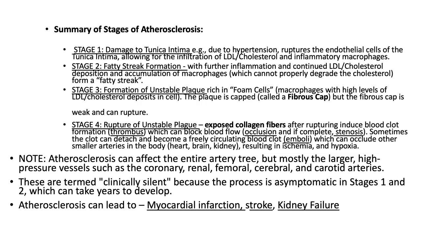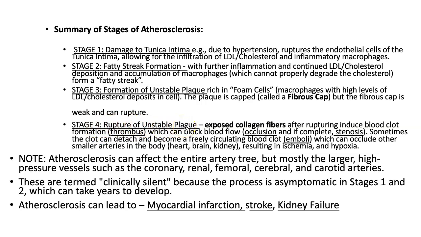So if I had a multiple choice, I would say: A, stage 1, damage to tunica intima; B, stage 2, fatty streak formation; C, stage 3, formation of unstable plaque; and D, stage 4, rupture of the unstable plaque.